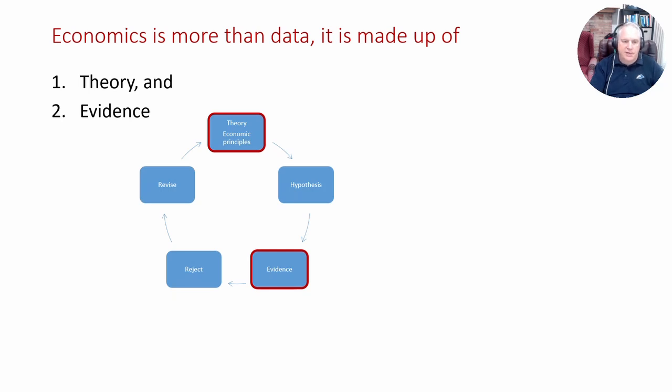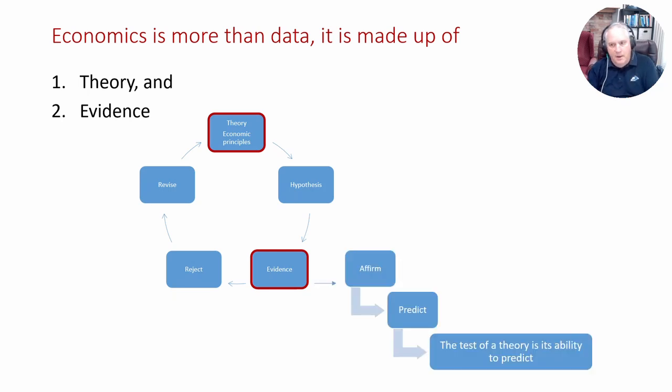Now, sometimes, though, we affirm that hypothesis in the sense that I'm using the hypothesis. I'm really talking about the alternative hypothesis that I have now affirmed. And if we can do that, then we predict. And in the sense of paradigm that we're using, the test of a theory is its ability to predict. So if I have a theory, let's call it law of demand, and law of demand has lots of evidence affirming it.